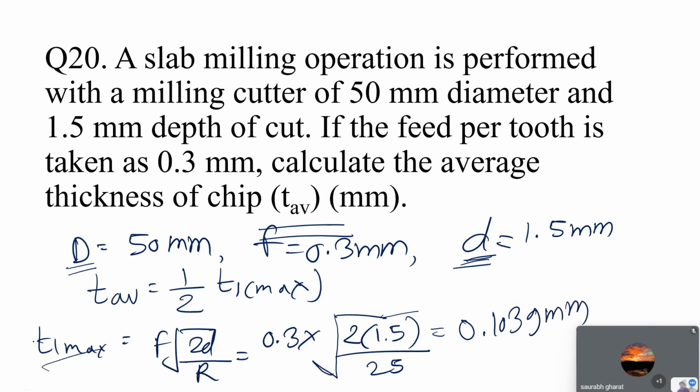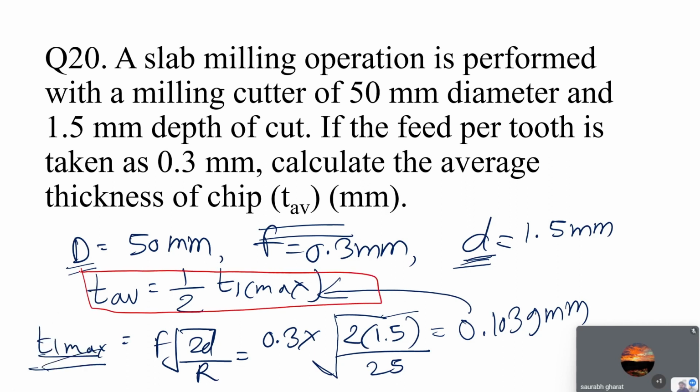So we got T max here. Now put this into the formula, which is T average is equal to 1 by 2 T max. So what is your T max?